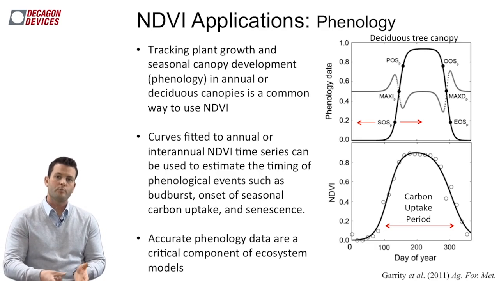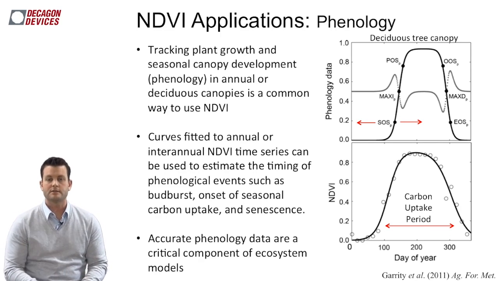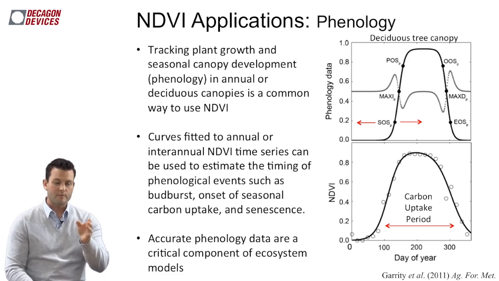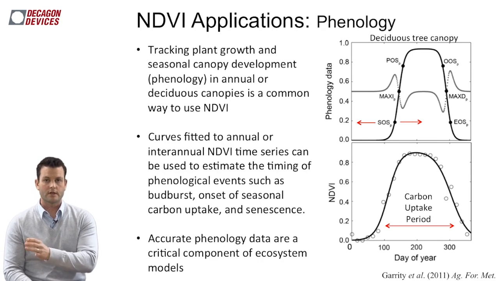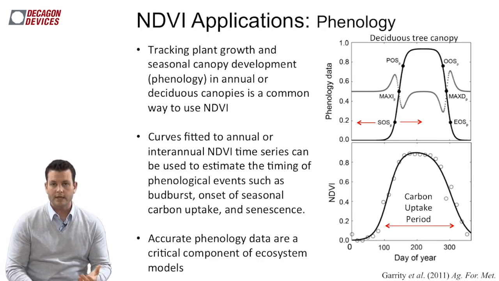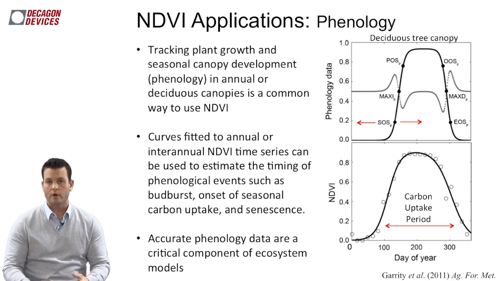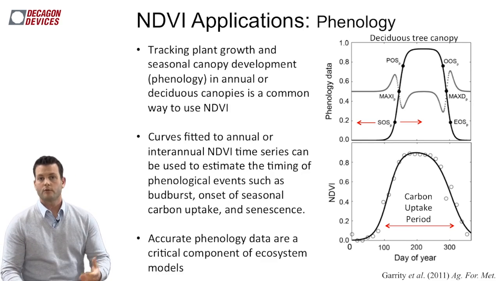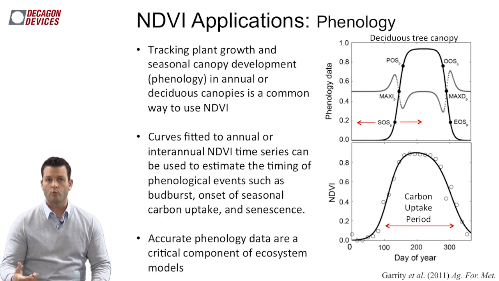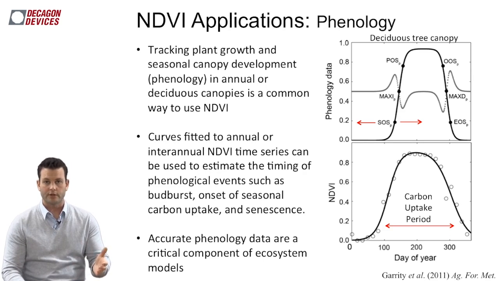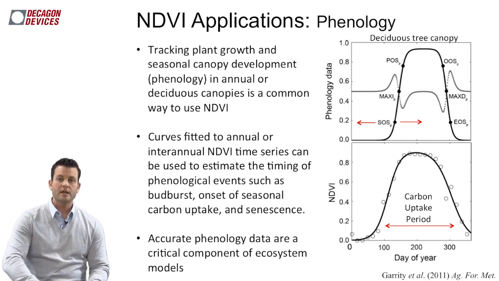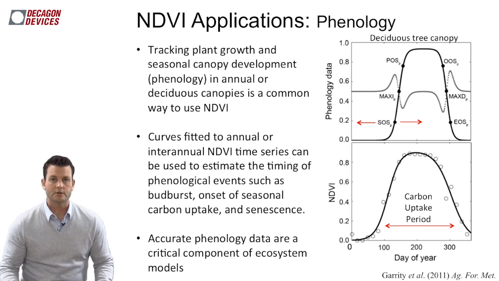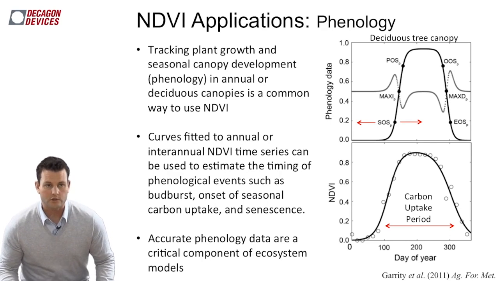Now you can imagine that we put many years of observations like these together, and then we'd have many dates where start of season occurred for a given canopy, and we can relate that then to climate variables or any other variable that you want to see if there's any cause and effect going on here, where, for example, some people are finding that as climate warms, spring or start of season typically happens earlier within the year. And there's many other metrics then that we can extract from such curves to address such questions.